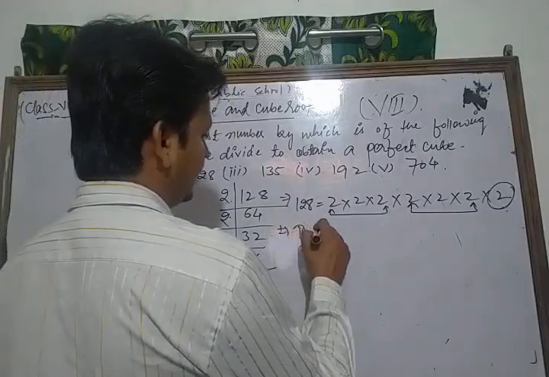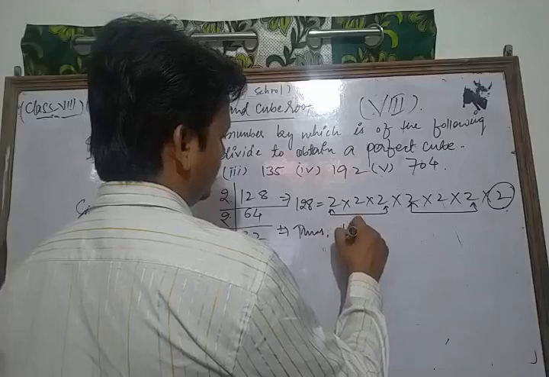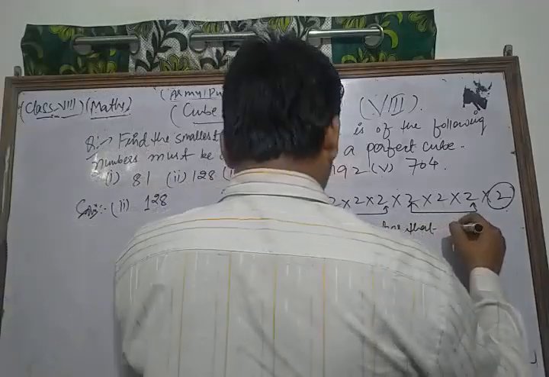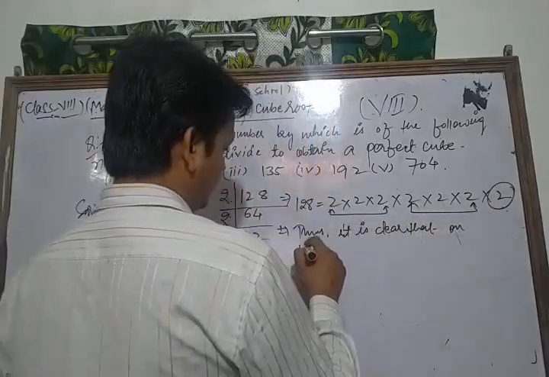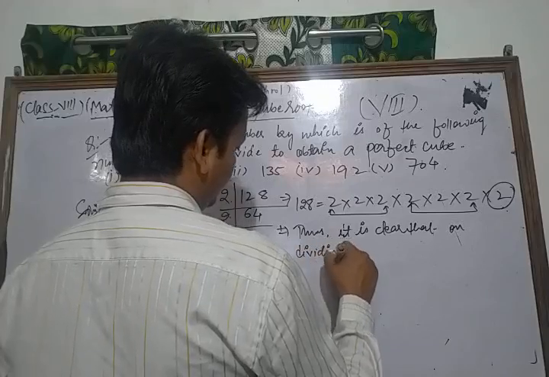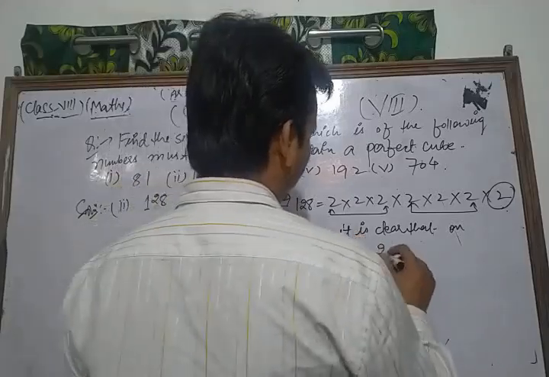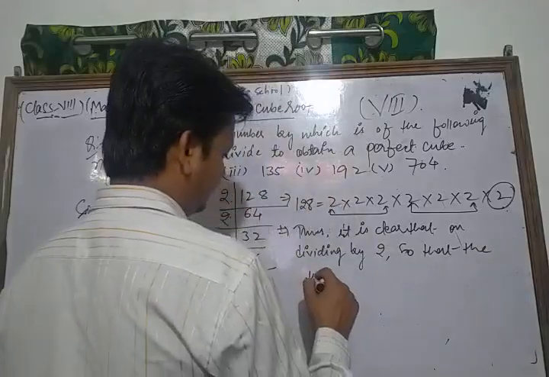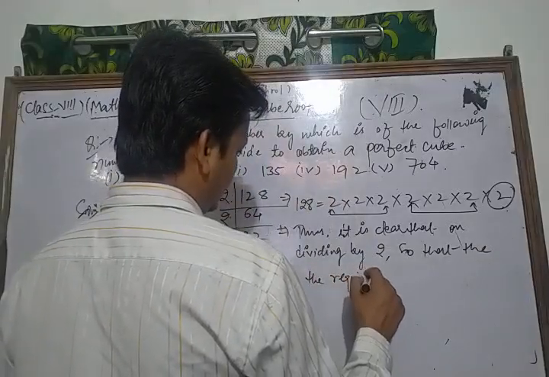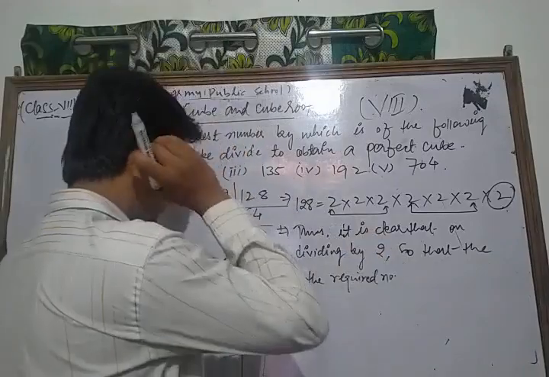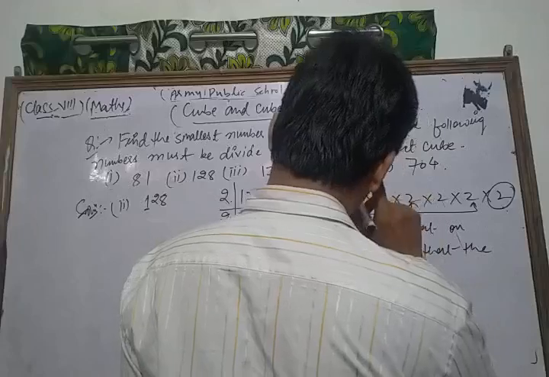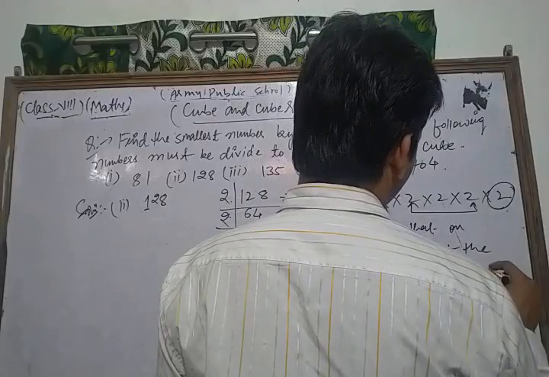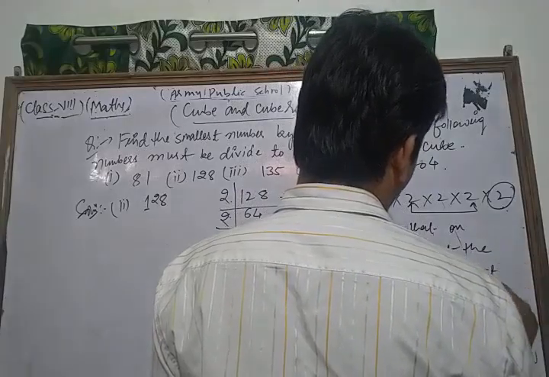Now thus it is clear that on dividing by 2, the required number is a perfect cube.